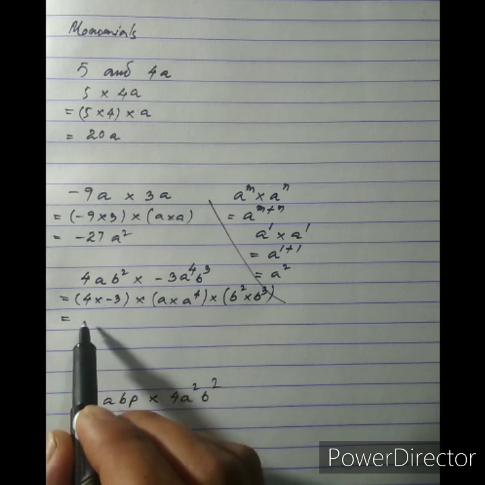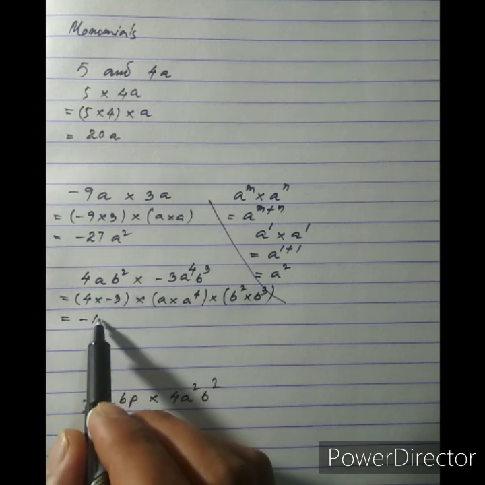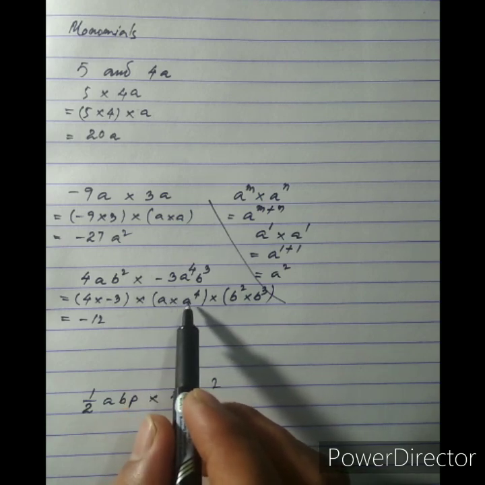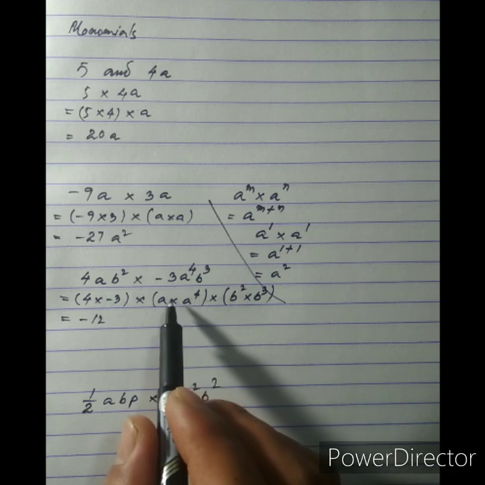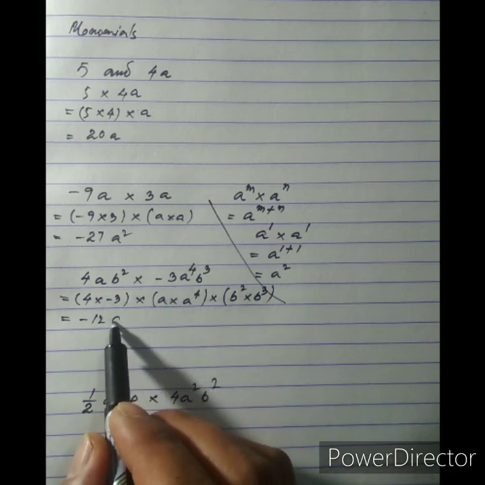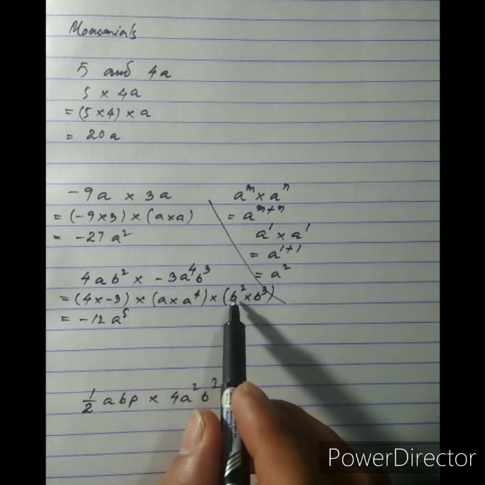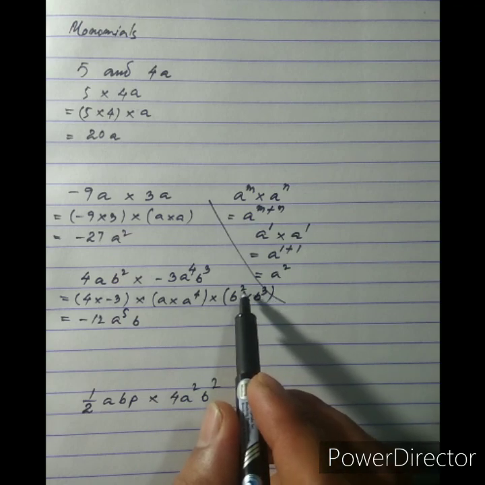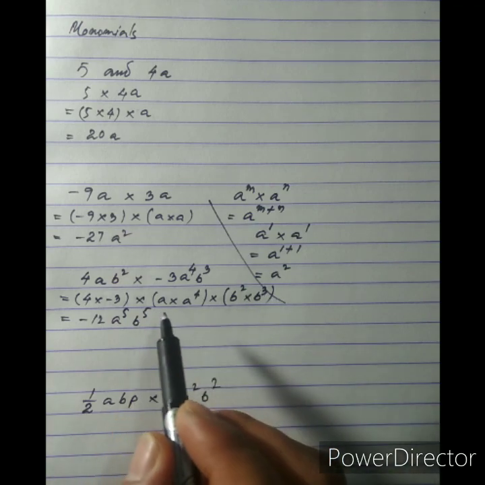So plus into minus is minus, 4 into 3 is 12. For a, here the power is 1 and here the power is 4. So 1 plus 4 means we get 5, that means a to the power 5. Then for b, here 2, then here 3. 2 plus 3 is 5.